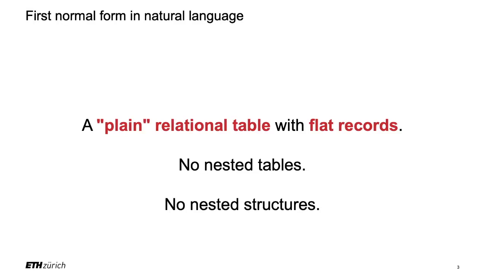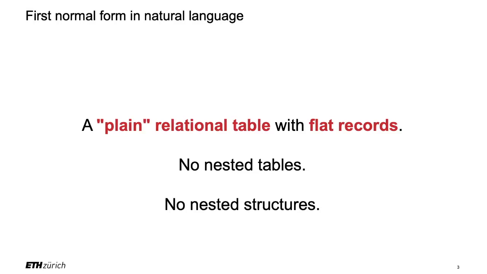But this is the idea, that everything starts with the first normal form. And I've shown you last week, if a table is not in the first normal form, because it has nested tables, you can force it into the first normal form by introducing redundancies and duplicating some values, right? So that's what we saw last week.